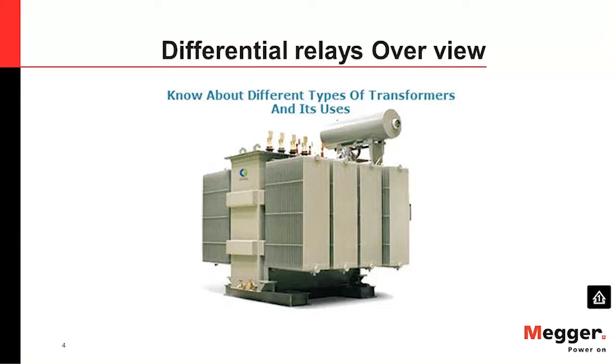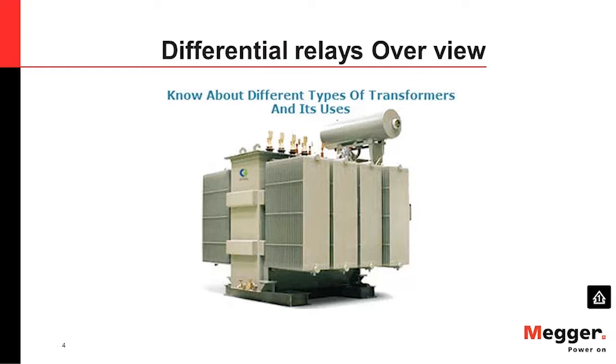Now, we have a lot of transformers, starting from distribution up to the main generation and transmission. The MVA is, let's say, huge. I have seen 1,200 MVA here in Saudi Arabia, but there may be more outside, which I'm not sure about. But basically, we have a lot of protection for the transformer itself.